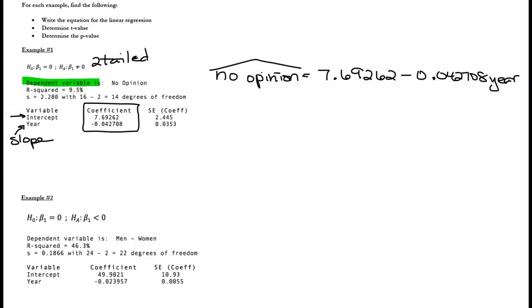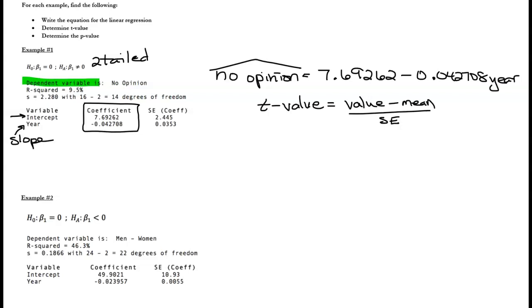Okay, the next thing is the t-value. So the t-value is the t-score, how far away it is, or it's the z-score. So to find the t-value, we're going to have to do this. And remember, it's your value minus the mean divided by the standard error.